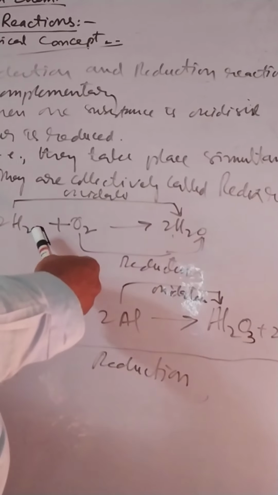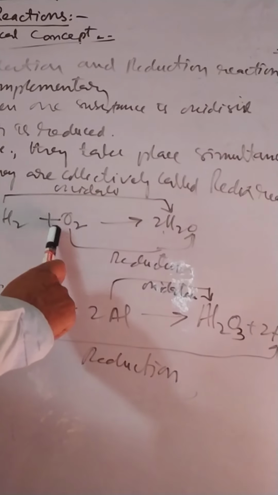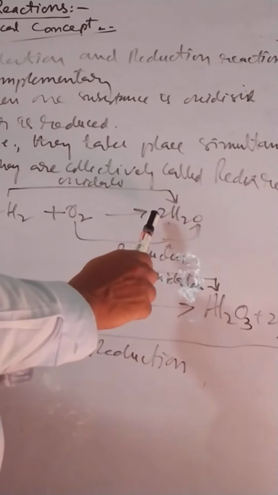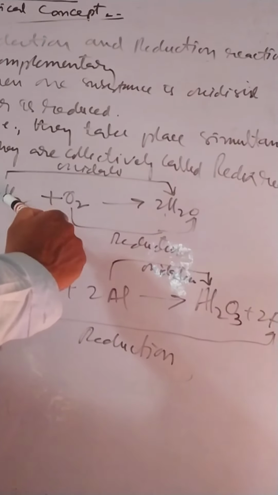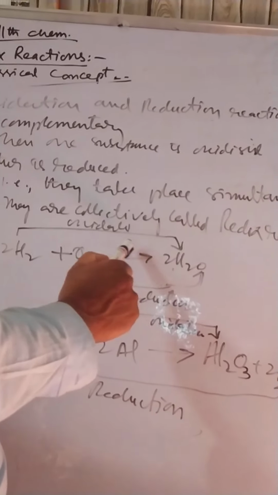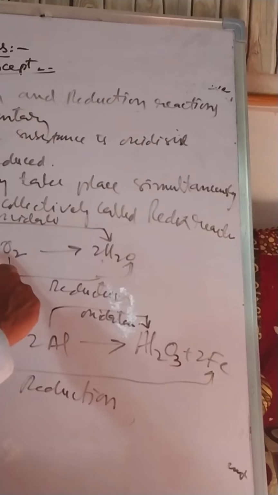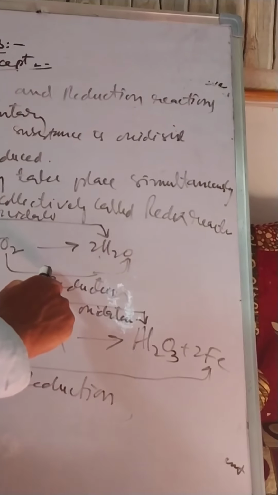For example, if we take formation of water, the reaction between hydrogen and oxygen, twice H2 plus O2 gives twice H2O. In this case, oxygen is added to hydrogen, so hydrogen is oxidized. So this is an oxidation reaction. Again, hydrogen is added to oxygen, so this oxygen gets reduced.